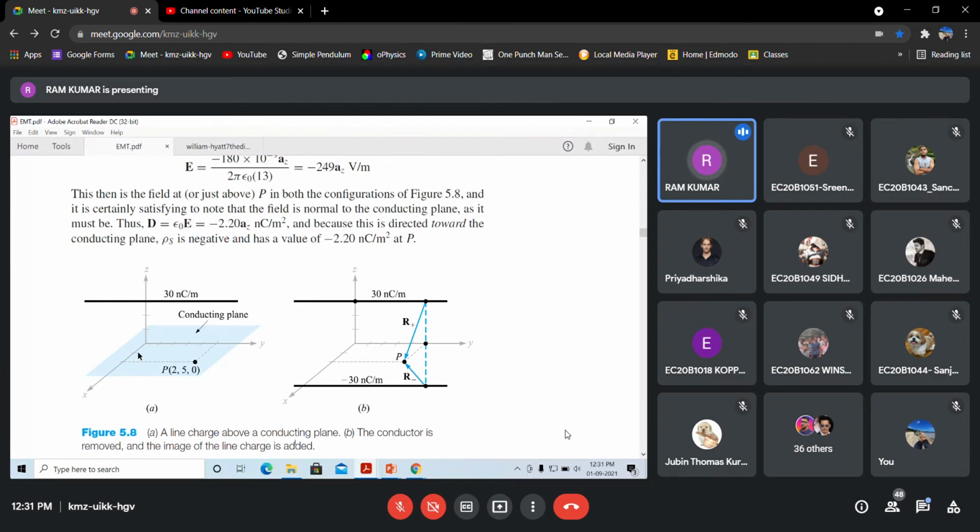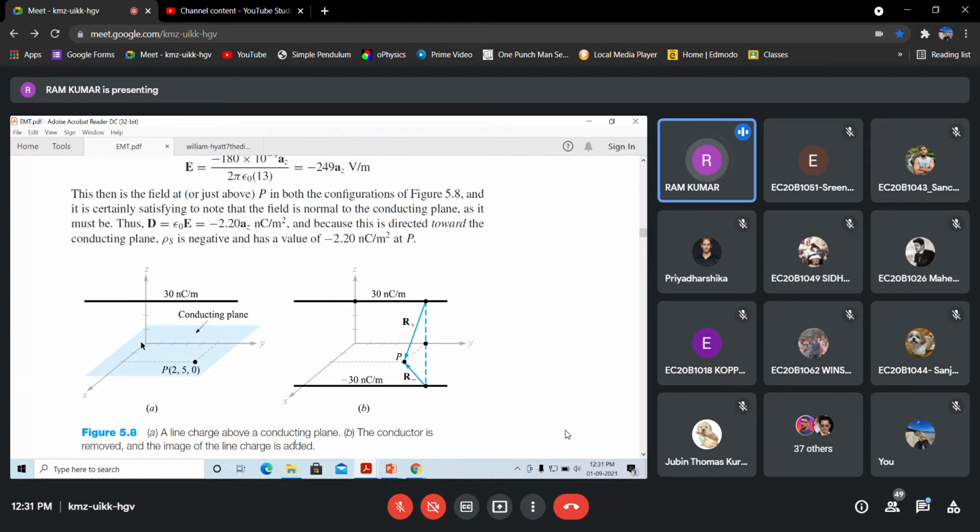On the x-axis 2 units, on the y-axis 5 units. This is the z equals 0 plane. At this point we have to find the surface charge density, due to this line charge on the conducting plane.